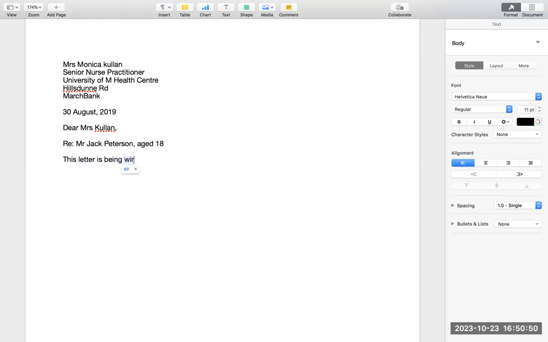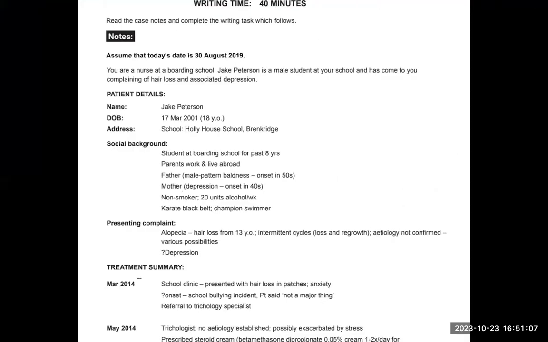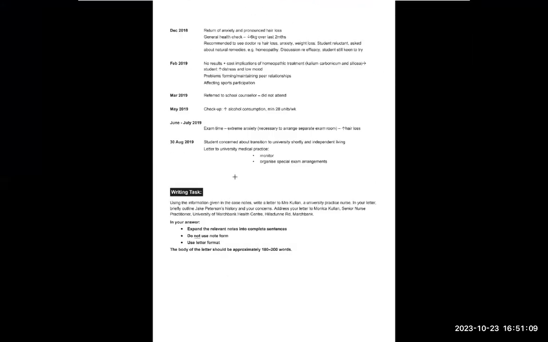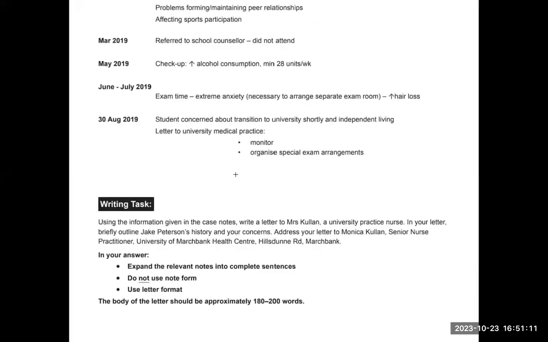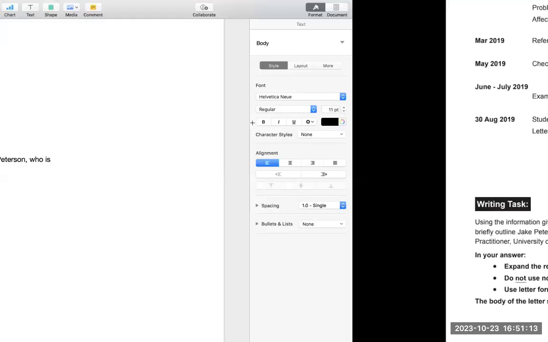This letter is being written regarding Mr. Peterson, P capital. Don't write it small, Peterson, who is, what is the main thing? Who is concerned about transition to university? You can write the same line.